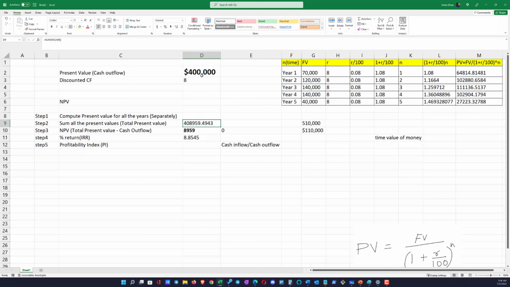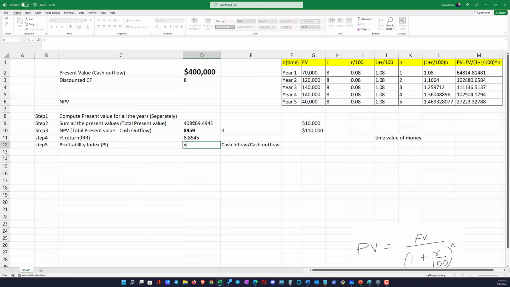And the cash flow happening in the present day is $400,000. Just by looking at the net present value, you can accept the project. But sometimes people do ask, what is the profitability index? Meaning sometimes leadership teams want to know, if I invest $1, how much I'm going to get back. For that, you just need to do the simple calculations.